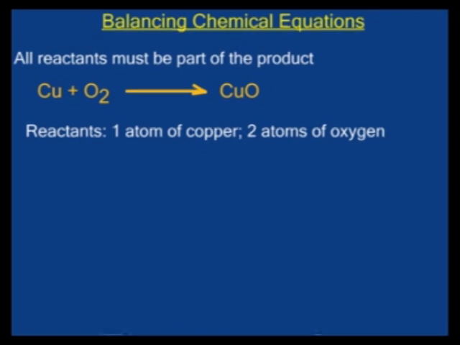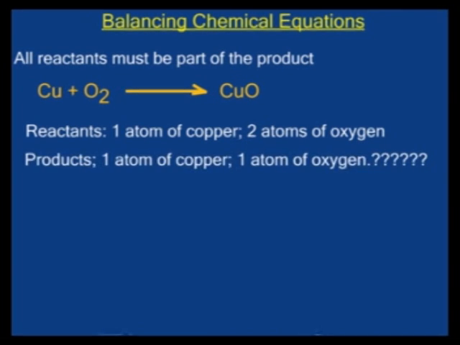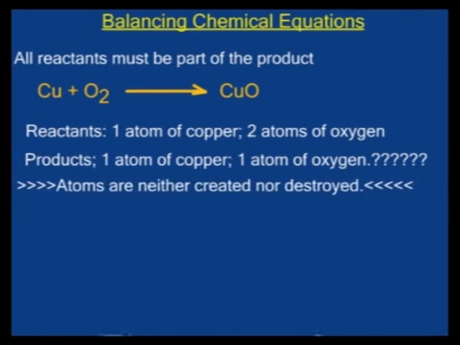However, in the formula of copper 2 oxide, it suggests that there is 1 oxygen atom. So just where is the other one? In the law of conservation of matter, atoms are neither created nor lost. We must therefore balance the equation by multiplying some parts with certain factors. The multiplying factors must be in the simplest ratio.